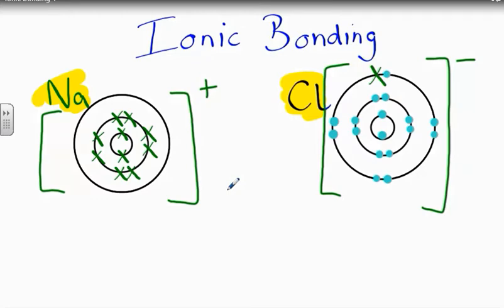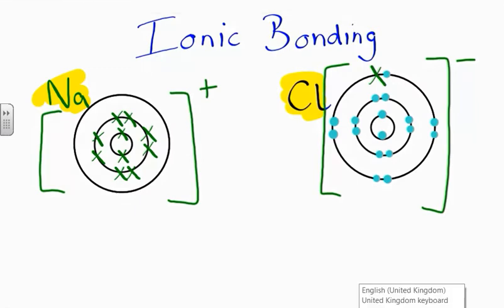So they don't just stay like this. There's lots of ions repeating again, forming a nice regular 3D structure, and this regular 3D structure is known as a giant ionic lattice.